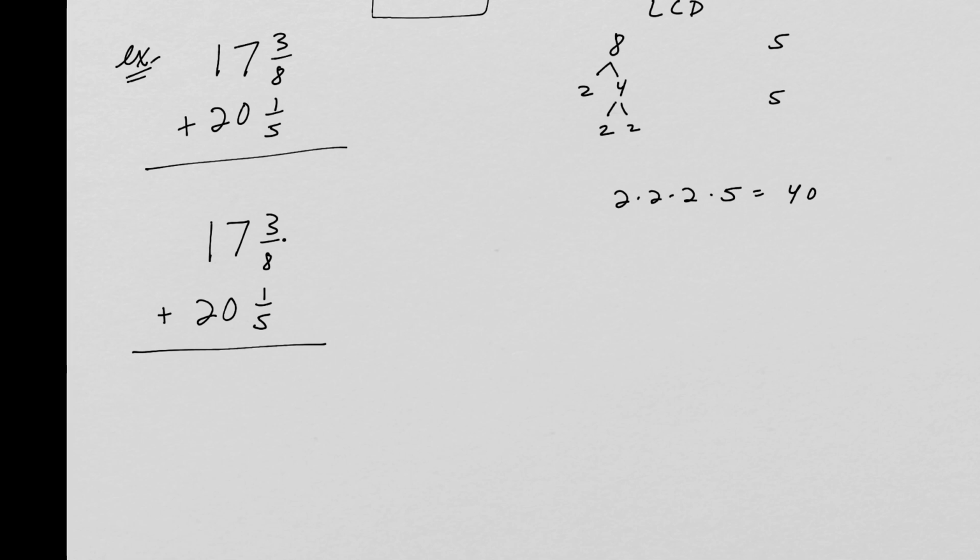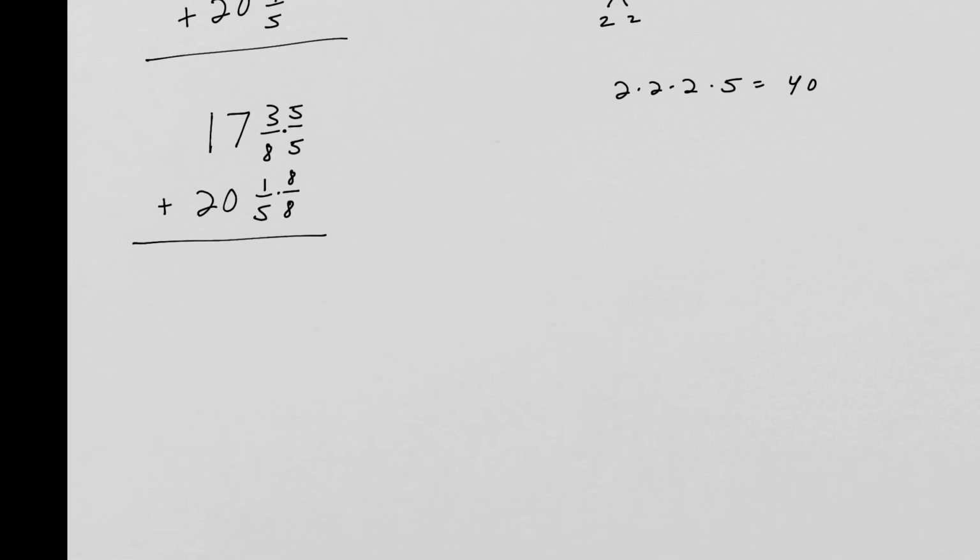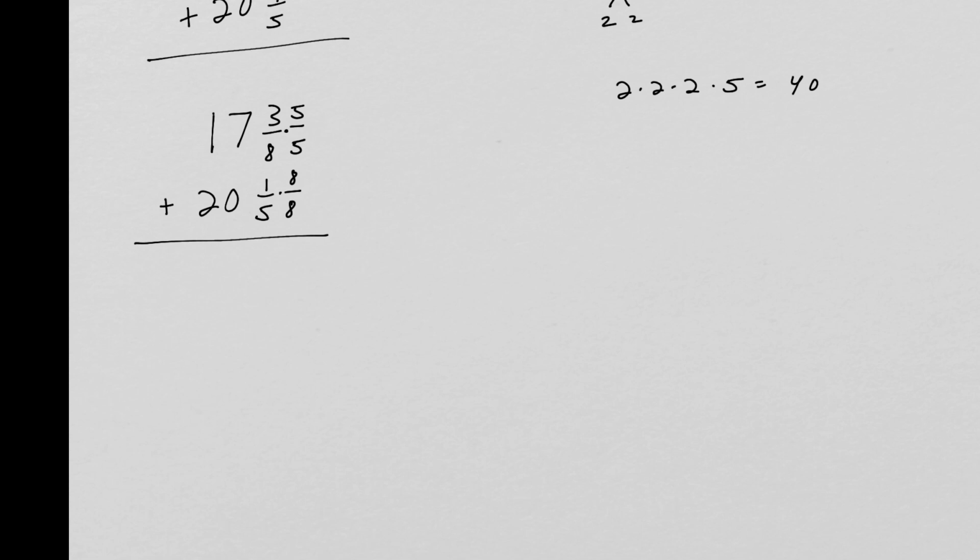I have 8 already, right? So I need to multiply by 5 over 5. And here I'm missing an 8. I need to multiply 8 over 8. So now this becomes 17 15/40 plus 20 8/40.